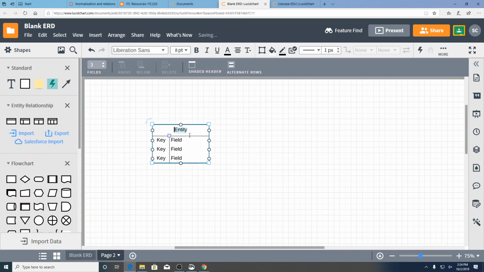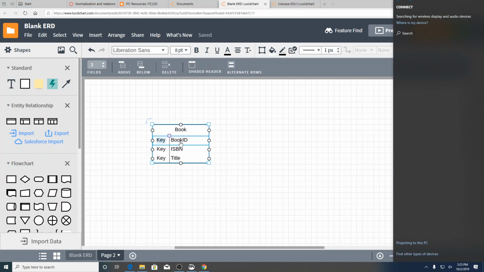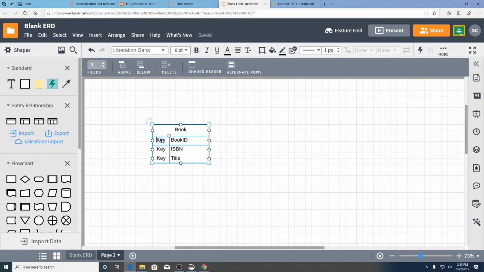This will be book, and it'll have a book ID. I'm not going to do all the fields. This is just to show a point. ISBN, which could be the ID, and then a title. So this is the book, and I'm going to do a primary key here. Okay, so that's your book.